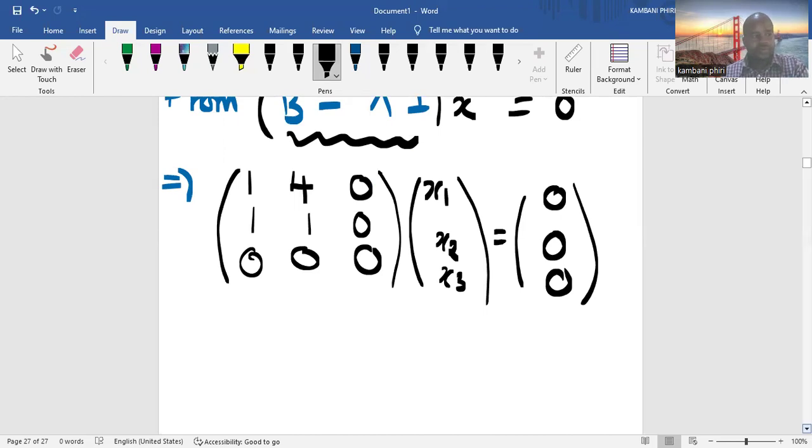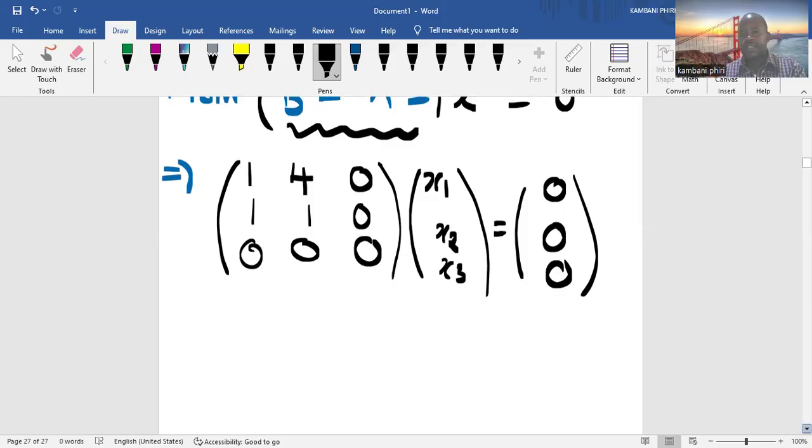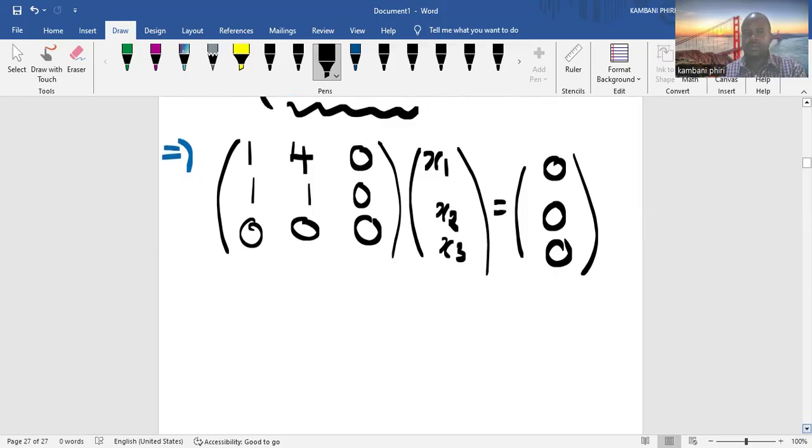What do we do? If we want, we can apply some row operations. But from here, since 1 plus 1 is 0, that is x1 plus x2 is equal to 0.